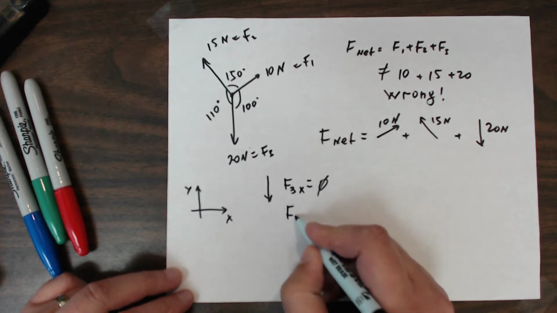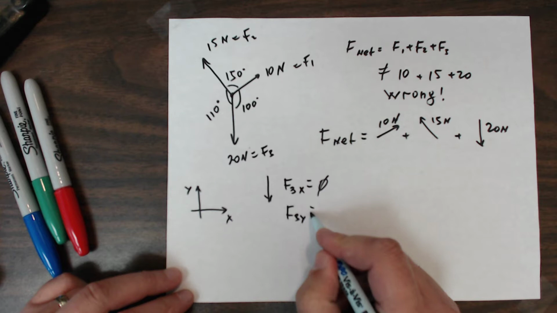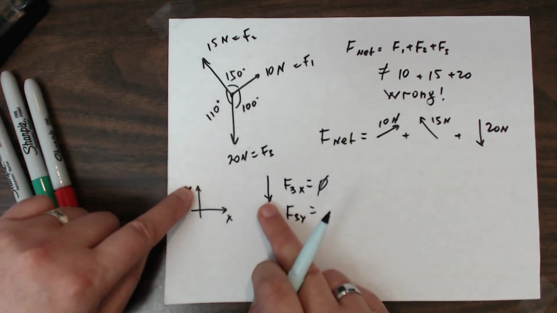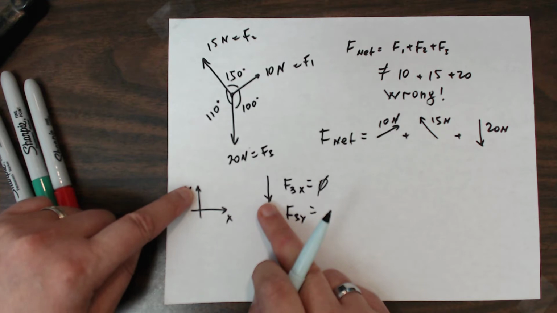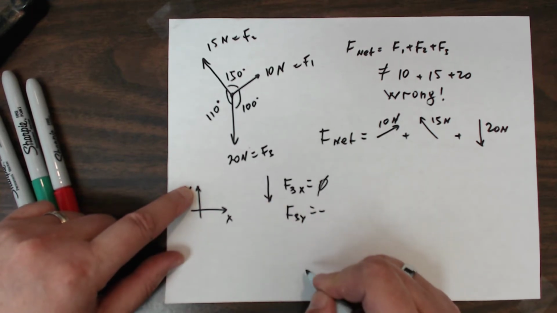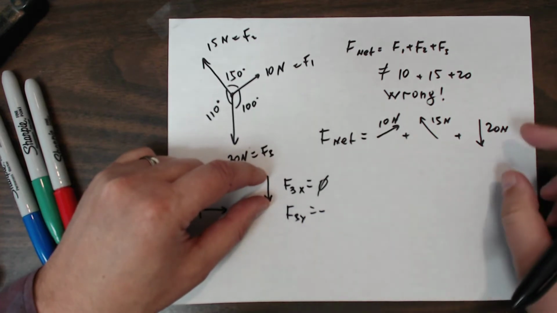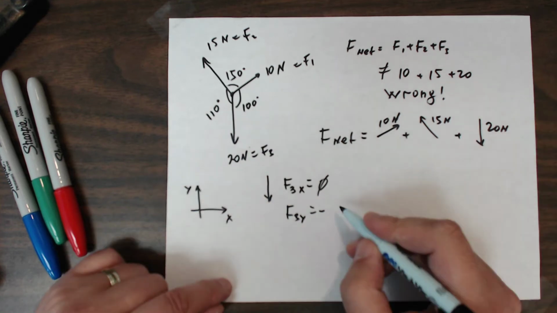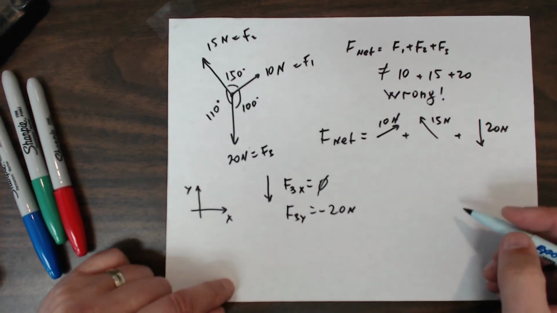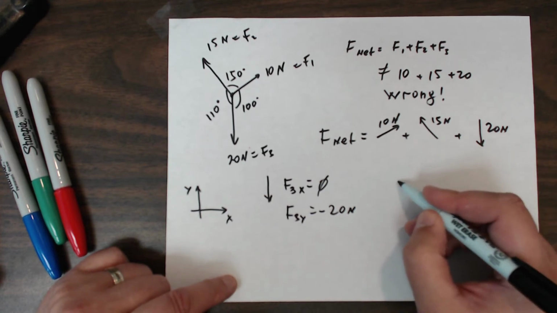And the y component, well, it has to be negative because the arrow is opposite to the direction of the axis. So negative. And the magnitude of this component has to be equal to the magnitude of this arrow. So 20. Done.